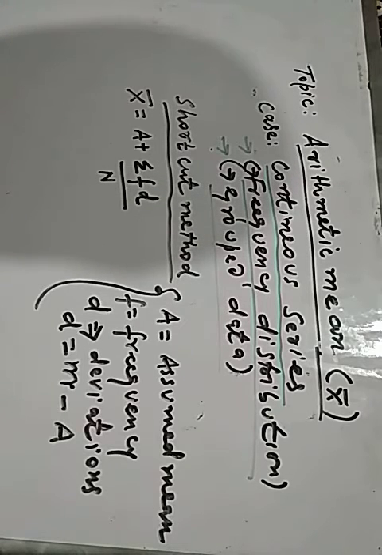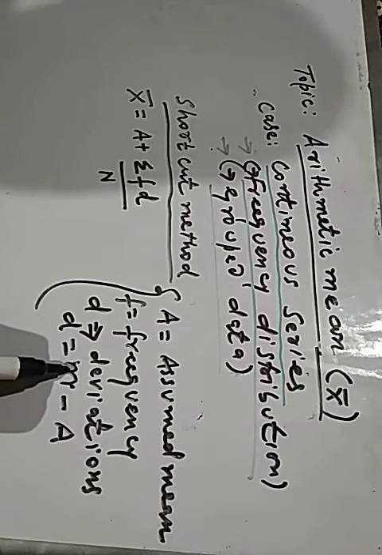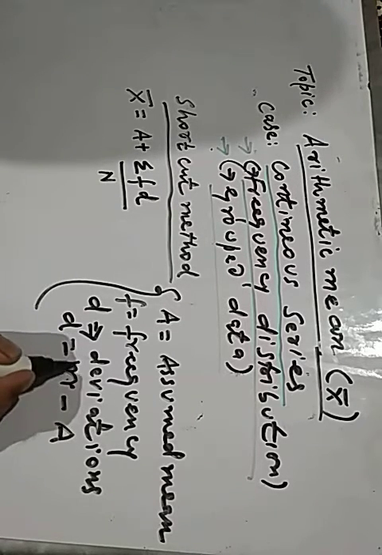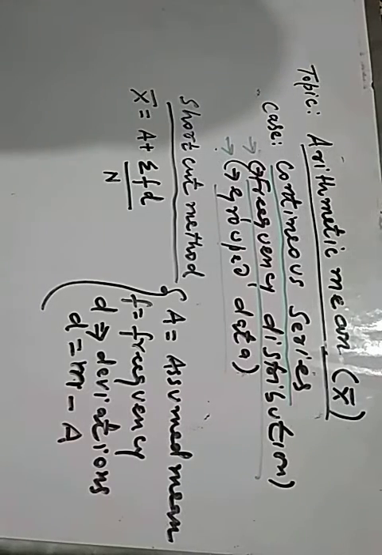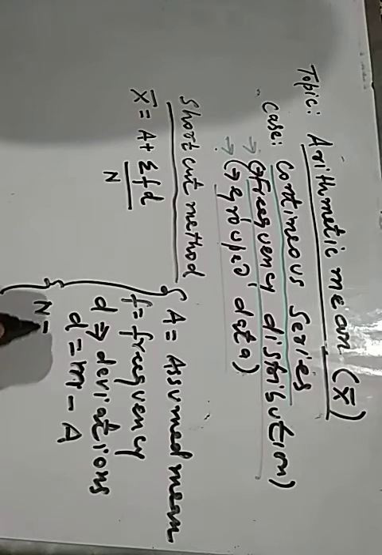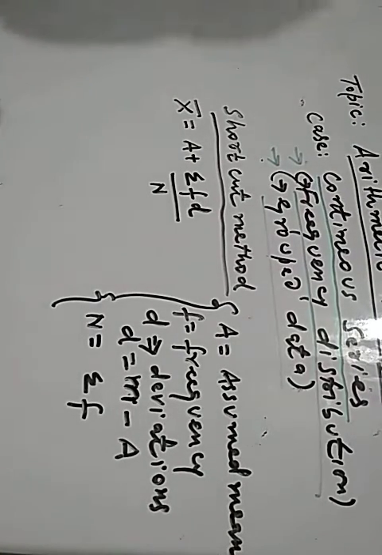As in case of discrete series we write x minus a, but in case of continuous series in place of x we have to take mid value. This is the formula for getting the value of d, and n, as you know, is the number of observations, which is equal to sigma f.